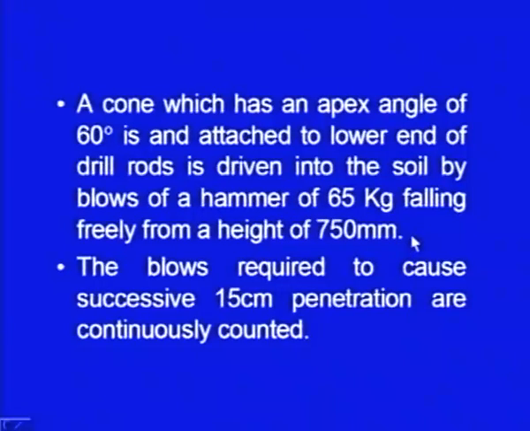So, the principle is almost similar, a little bit different from SPT. In SPT we had the split spoon sampler, here we have the cone, and again the blows required to cause successive 15 centimeter penetration are continuously counted. This is the advantage in this test, that we continuously keep on recording the data.